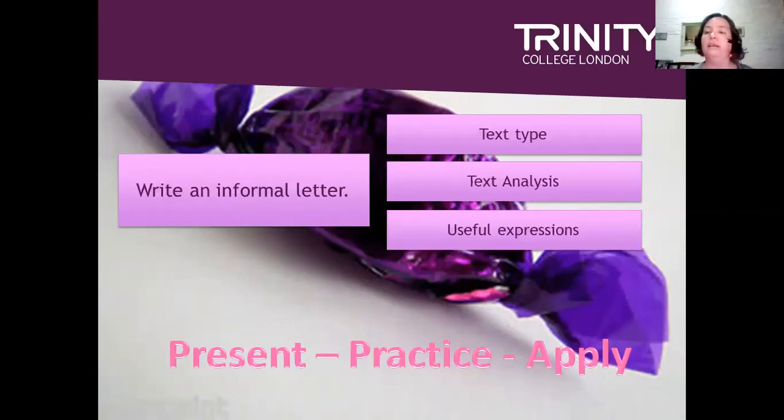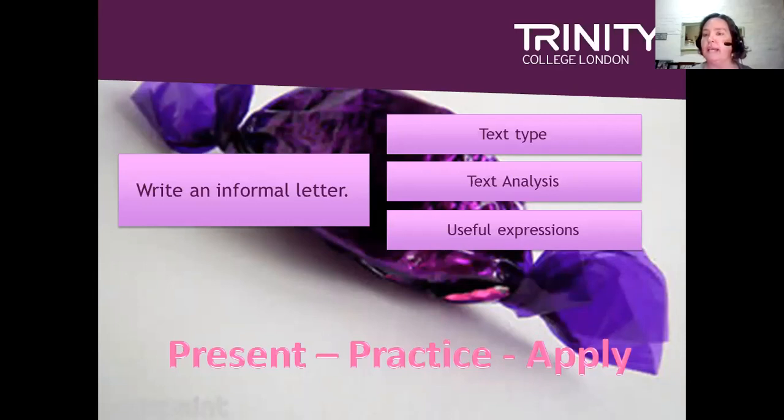Let us imagine that by the end of a lesson or a sequence of lessons, I want my students to be able to write an informal letter. What do they need to learn in order to be able to write an informal letter? And there you go, you unwrap candy, and what do you find? Well, you find that first they need to know what an informal letter is. They need to know what genre or text type they will be writing. We will have to engage them in some sort of text analysis so that they learn what are the characteristics of an informal letter.